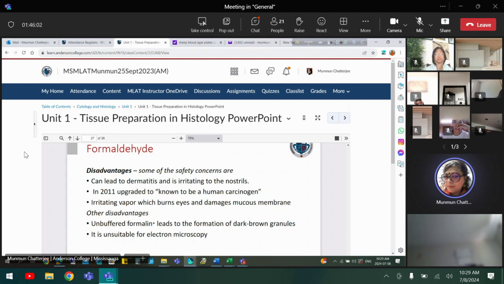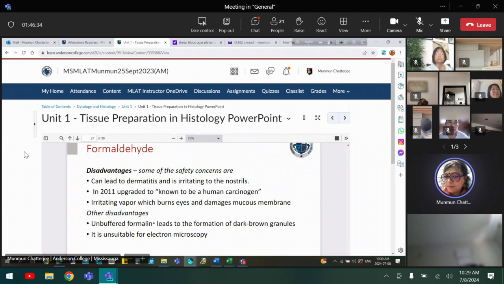Other disadvantages: formalin leads to the formation of dark brown granules, sometimes when unbuffered. Buffered means the pH is adjusted to 6.8 to 7.2. If the pH is high or low, it can form some dark brown granules which can give you noise, impurity or false results.